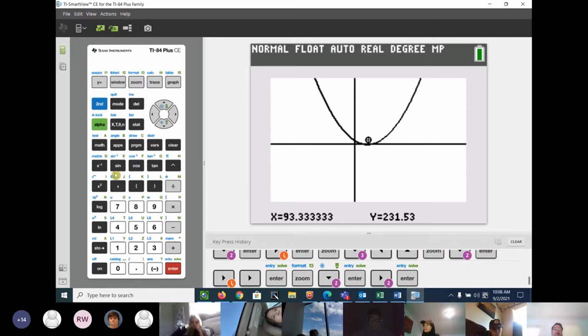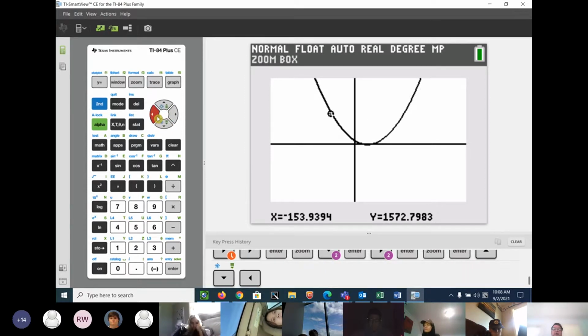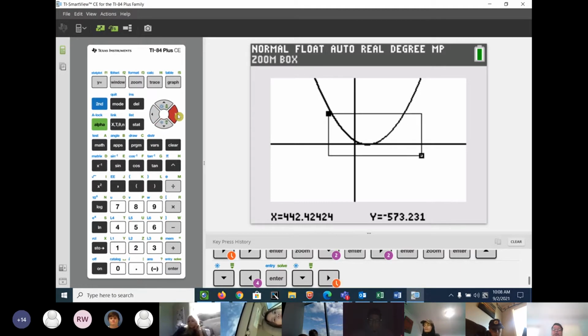Now you can zoom box, and I'm going to just zoom in on an area, like you can pick what you want. Make a box. Now this is what I do, and I teach students how to use the zoom box, because to me it's easier than using the window.